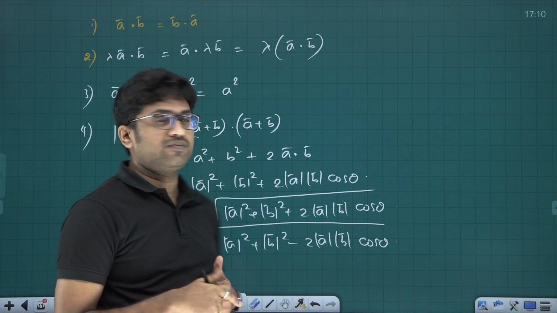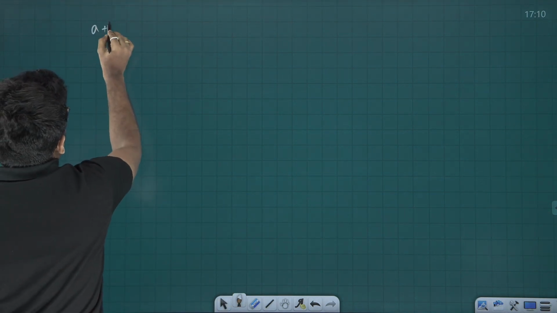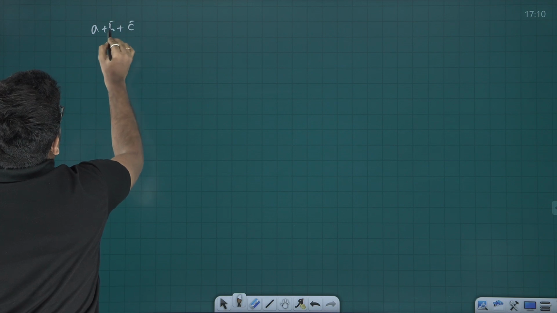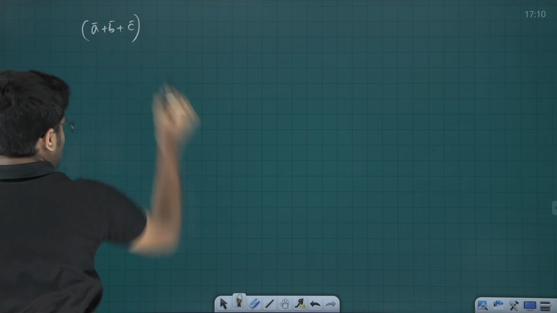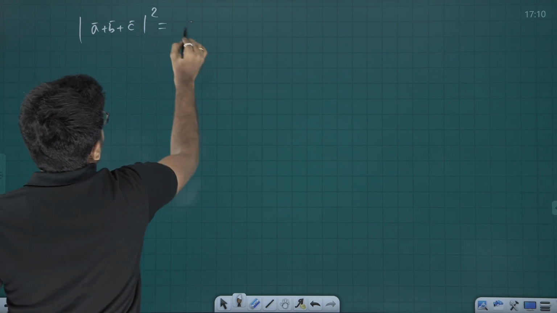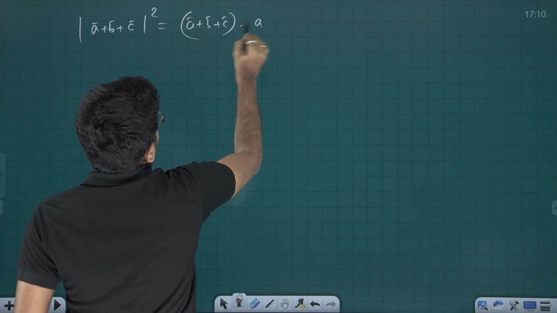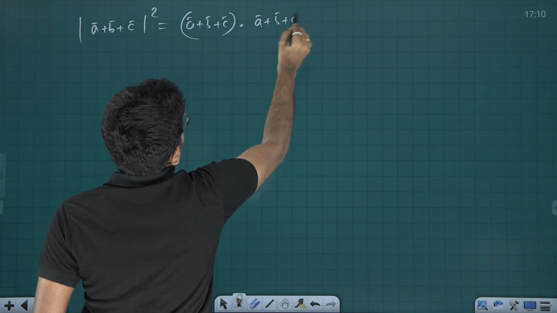Even for 3 vectors we have a formula. Let's say mod of A bar plus B bar plus C bar whole square. We can write this as A bar plus B bar plus C bar dot A bar plus B bar plus C bar.